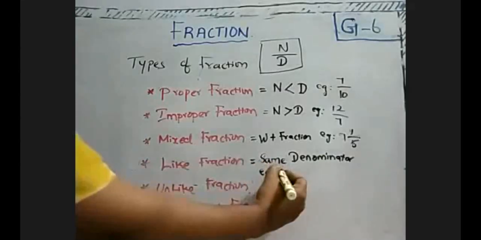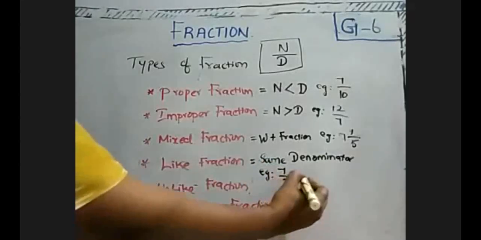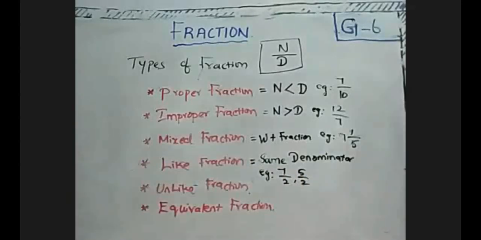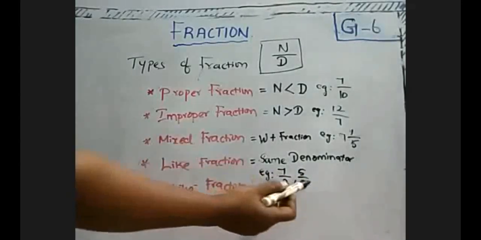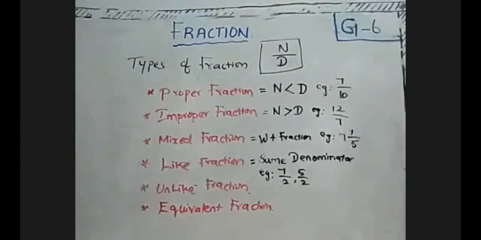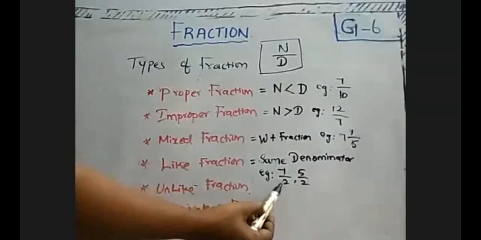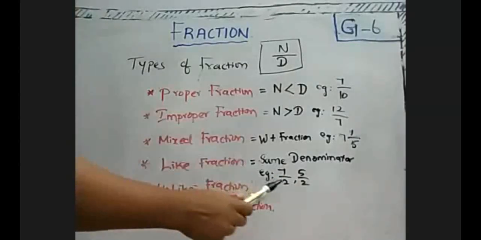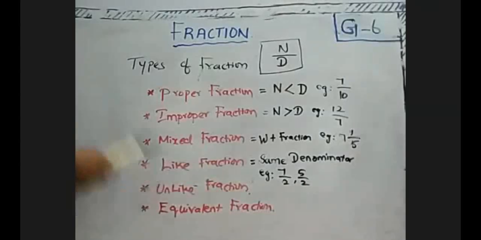Example, 7 by 2, 5 by 2. See now, we are comparing two fractions. In the two fractions, the denominator is the same. The denominator is 2, 2, right? So the denominator is same, the numerator may be anything. If the denominator is same, then you can say that is like fraction.